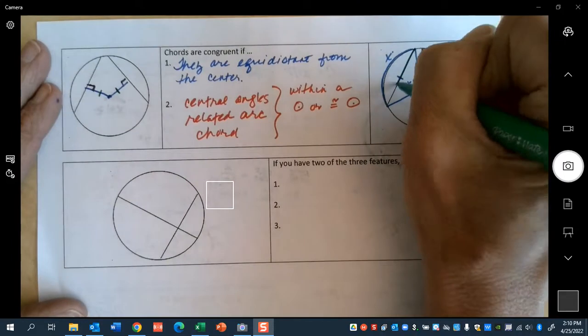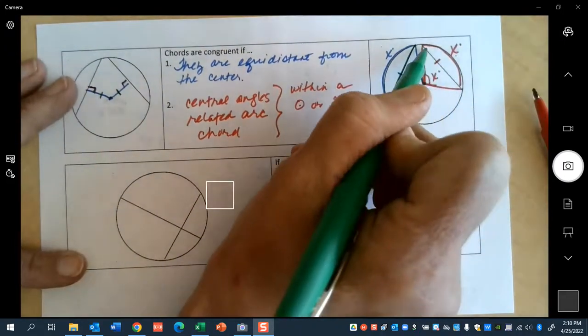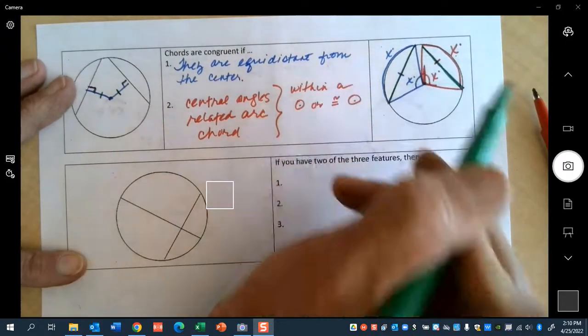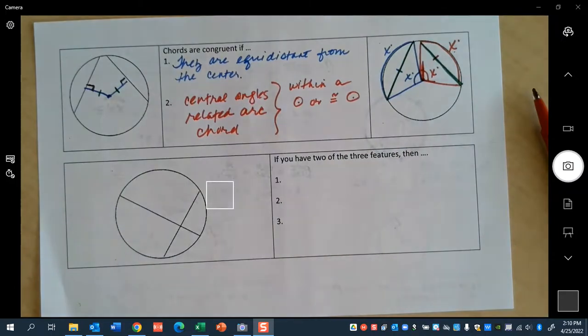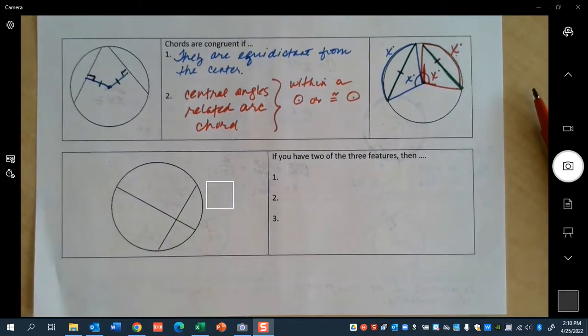So we don't really care about the same circle when we're talking about degrees, but as soon as we jump to a linear length for my chords, that matters.